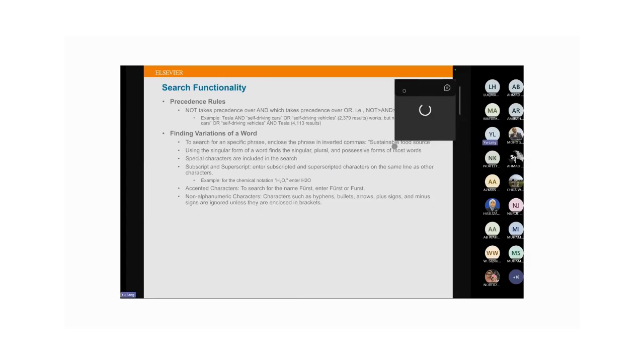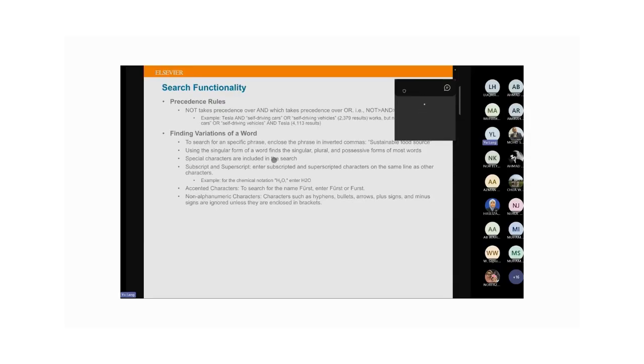So if you want ScienceDirect to search for a specific phrase so that you can get more relevant search results, then you have to enclose your keywords or terms with inverted commas. If your keyword or term is a phrase, then you have to enclose it with inverted commas.